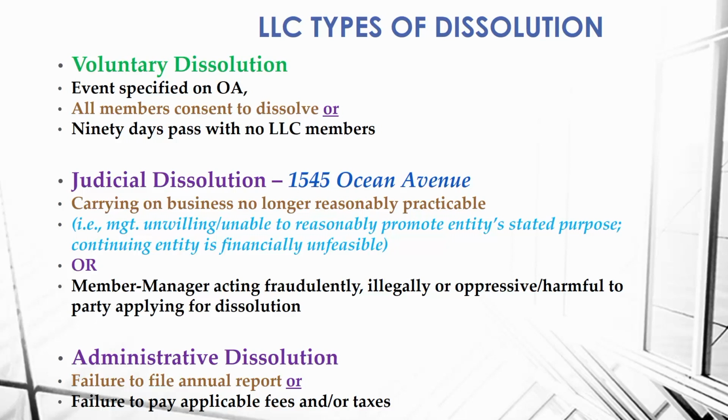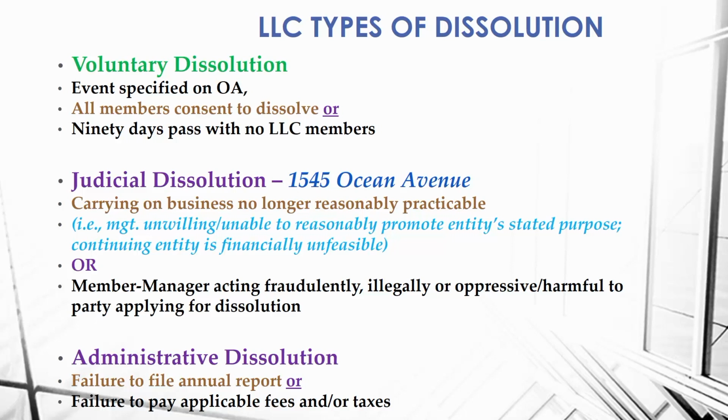That's voluntary dissolution. We know the courts don't like to get involved in this, but if you look at 1545 Ocean Avenue, they talk about the fact that if they aren't carrying on the business, if it's no longer reasonably practical, then a court will step in, but they're reluctant to do so. And we know the court there said, remember the cowboy and the risk-averse guy were in the same business together.